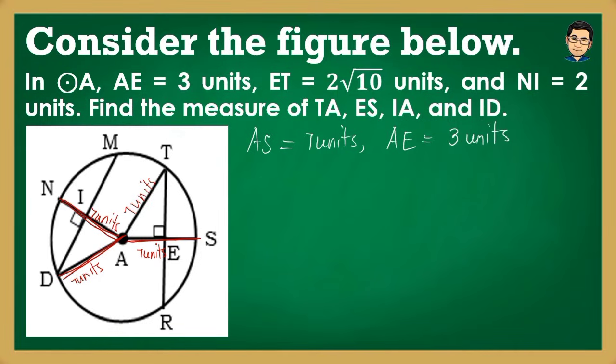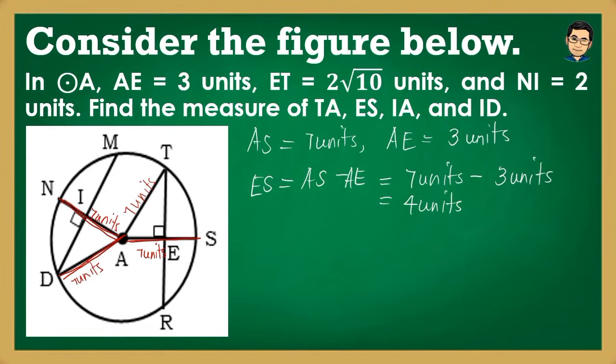So, paano yon? So, ES is equal to AS minus AE. So, the measure of AS is 7 units. The measure of AE is 3 units. So, 7 units minus 3 units, that is 4 units. So, ibig sabihin po, yung sukat po ng ES is 4 units.